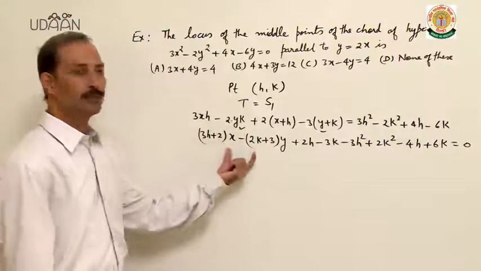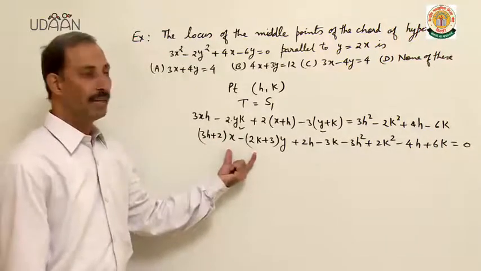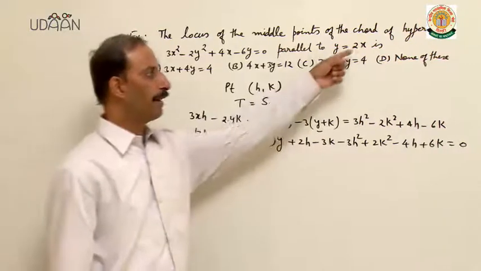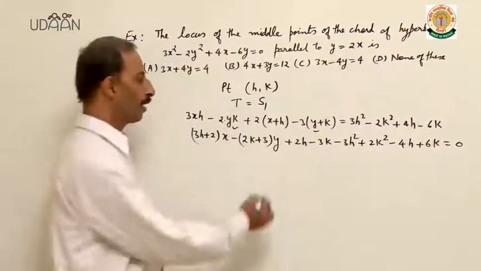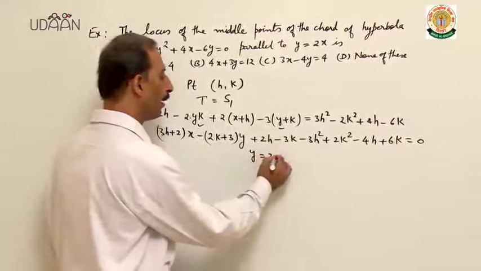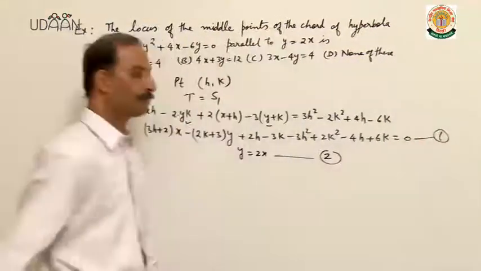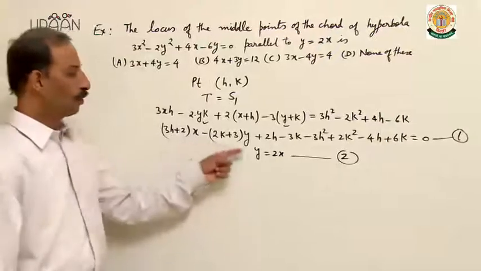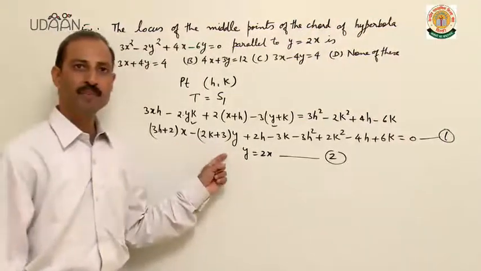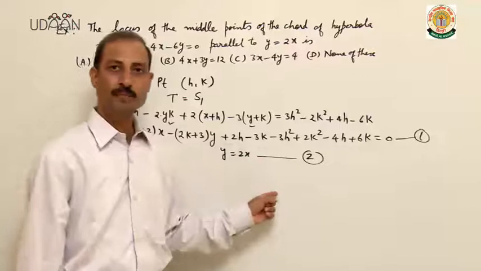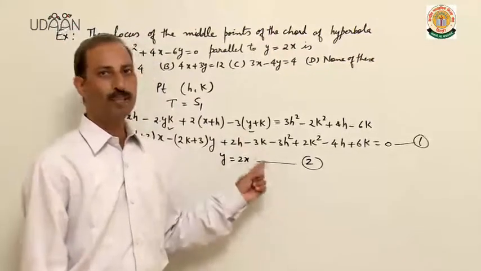Now this chord is parallel to y is equal to 2x. These two chords are parallel. Say second equation, first equation. You know, two lines are parallel, then what is the condition of this? Their slopes always remain same.